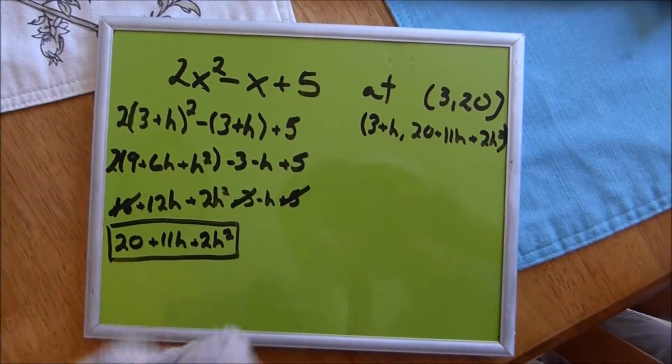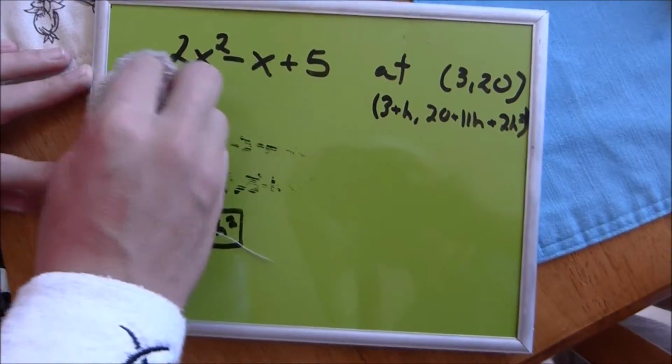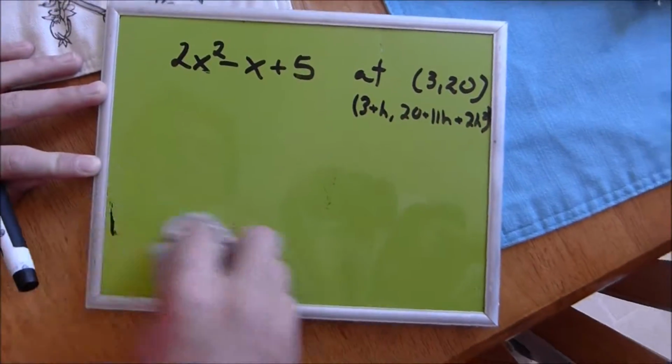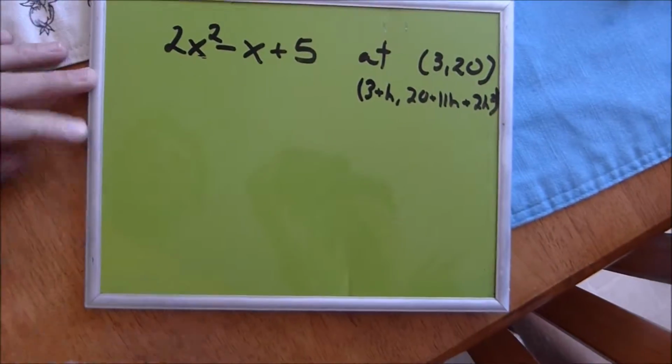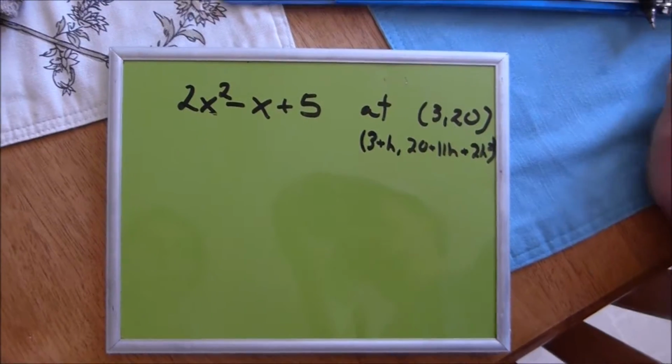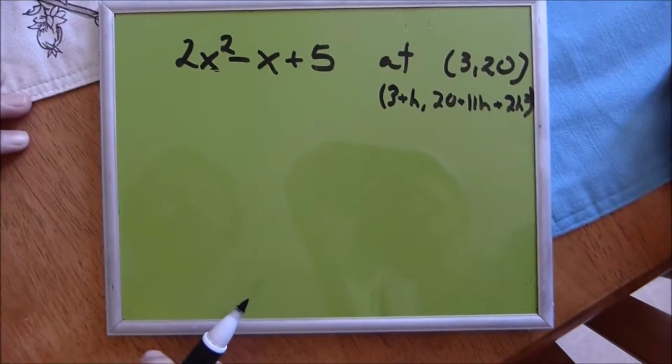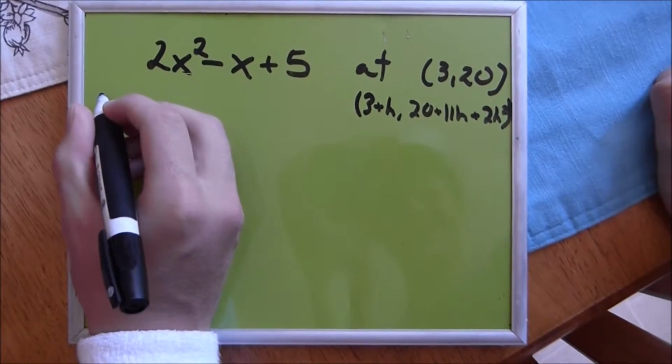So now we can erase all of this. And then we use our dy over dx formula to find our slope.